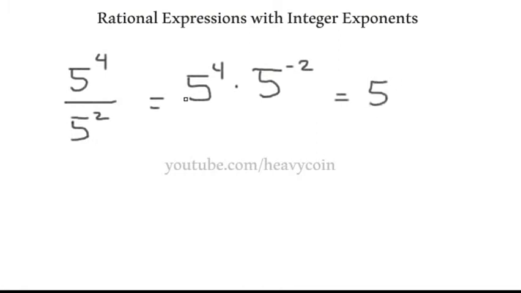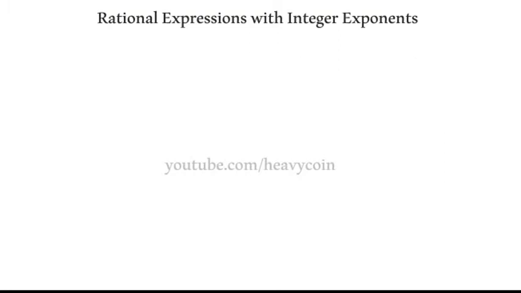And now, because our bases are the same, this is 4 minus 2, so it's 5 squared, and of course that's 25. We have 4 5's in the numerator and 2 5's in the denominator, and we just canceled 2 of them out of the denominator and 2 out of the numerator, and you were just left with 5 squared. Alright, that makes sense, hopefully.